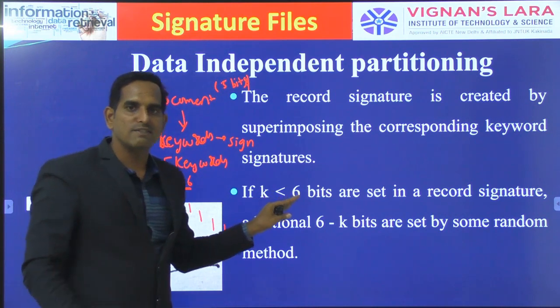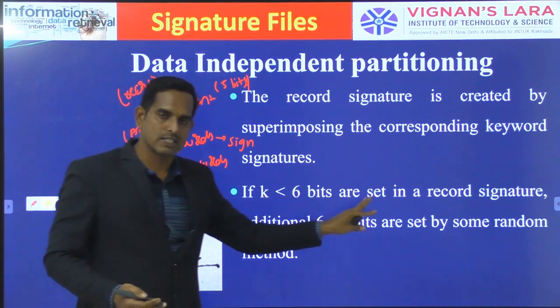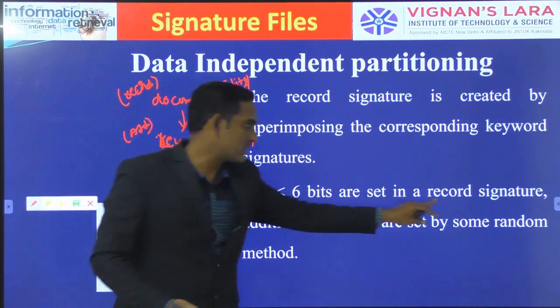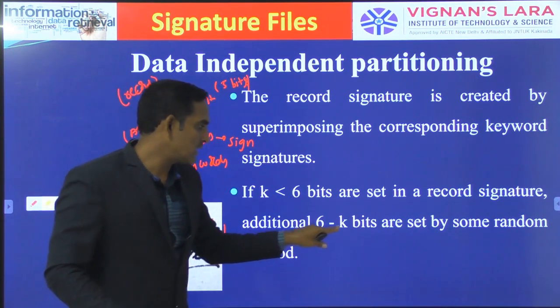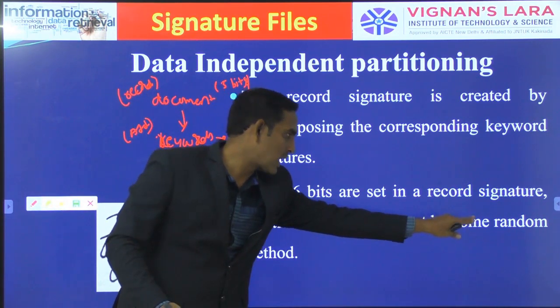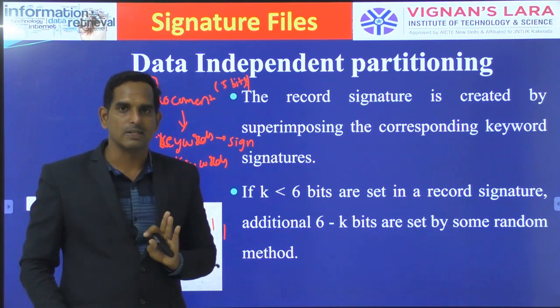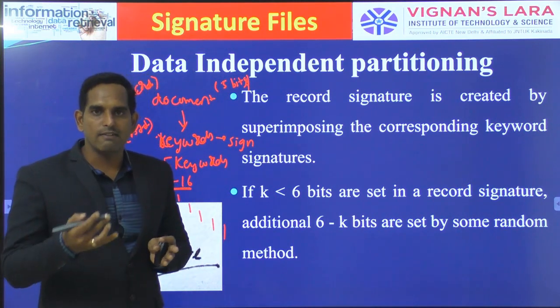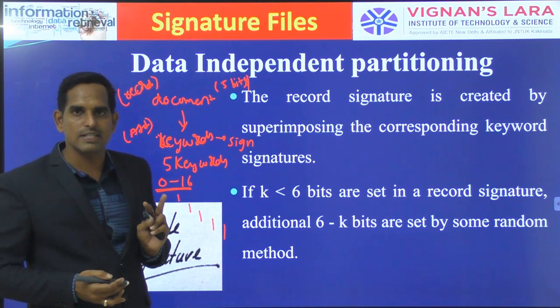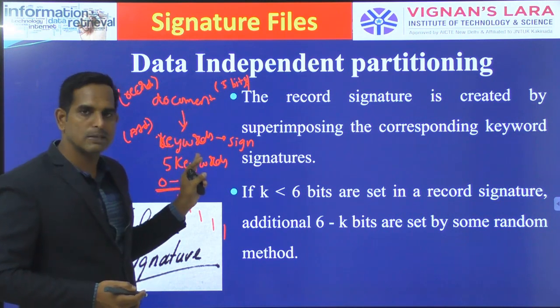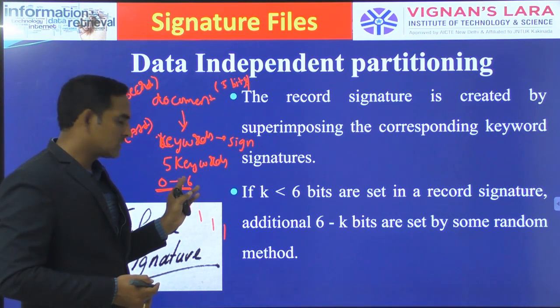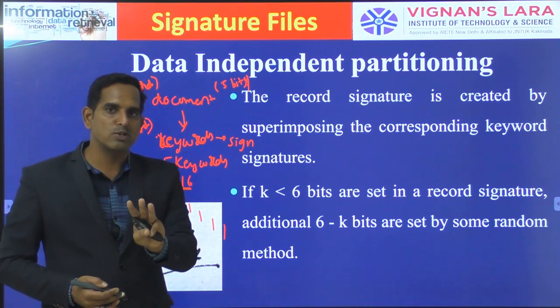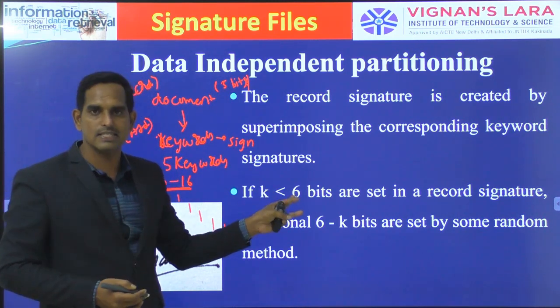If there are fewer than 6 bits set in a record signature, an additional 6 minus k bits are set by some random method. For example, if you have only 3 keywords in the document, the keywords will map to only 3 bit positions, which is less than 6.